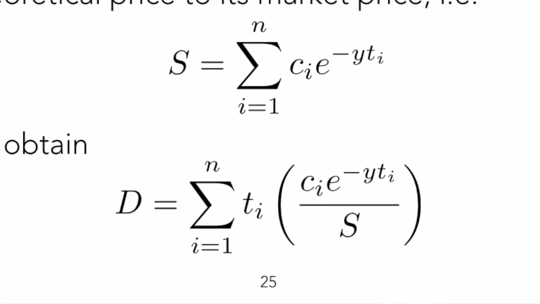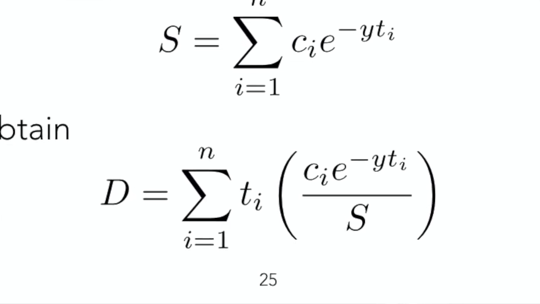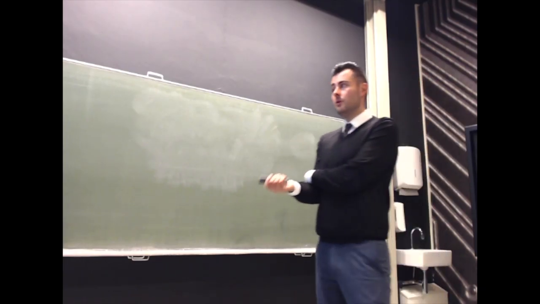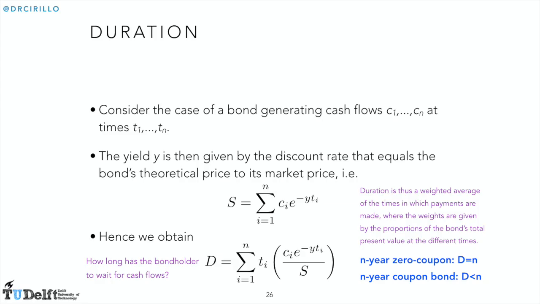Now, this formula is very important because it can be interpreted in a very relevant way. If you look at this formula, you agree with me that these discounted cash flows, when summed together, sum to S. Okay? So if I take each one of them over S, it's just a quantity that will lie between 0 and 1.